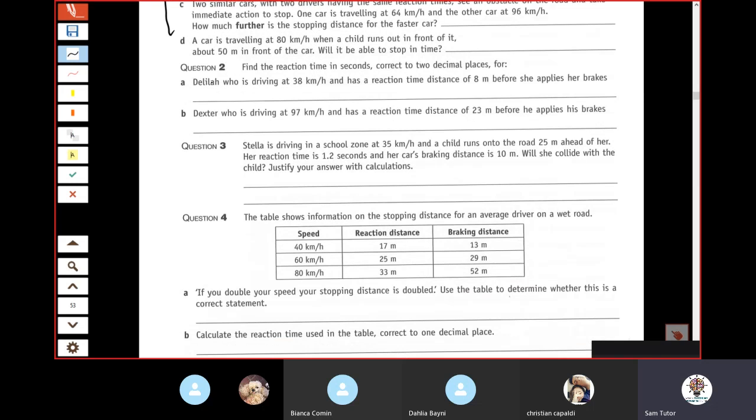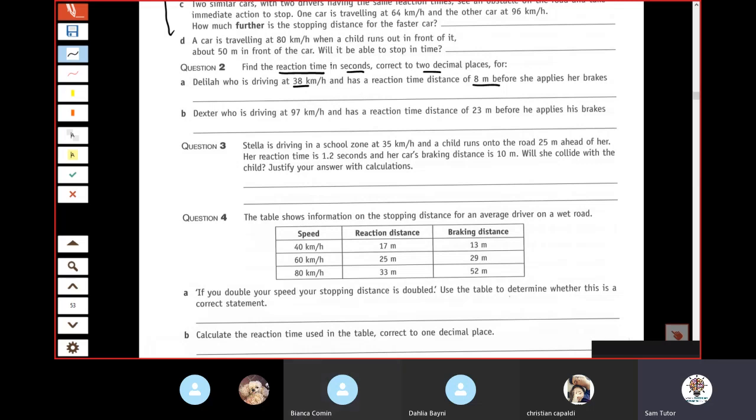Let's have a look at question 2. Find the reaction time in seconds, correct to 2 decimal places, for Delilah, who is driving at 38 kilometers per hour and has a reaction distance of 8 meters before she applies her brakes. So the distance took her 8 meters to realize that she had to react and actually apply the brake.